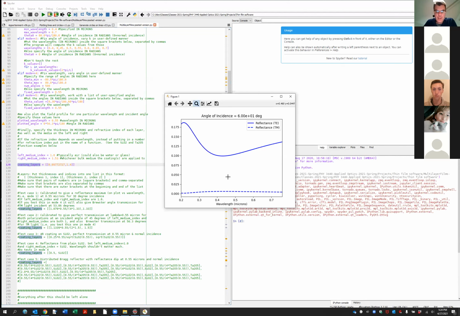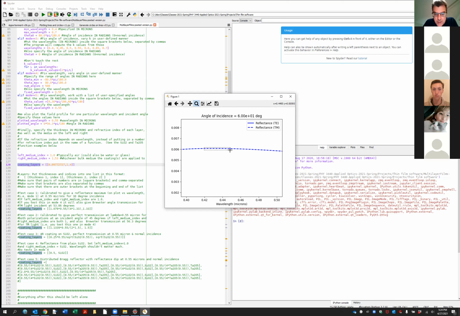Okay, I'm not going to maximize it because bad things happen when I maximize it. But let's first verify that we do have a dip around 430 nanometers or 0.43 microns. Yep, we definitely have that. Now let's look at the other polarization, which at least initially does not look like it has a dip around 430.